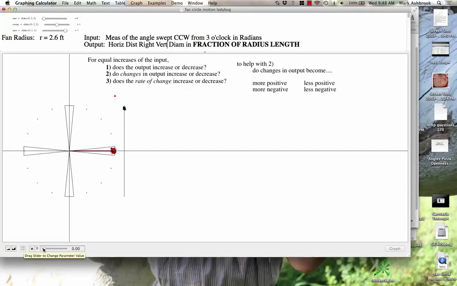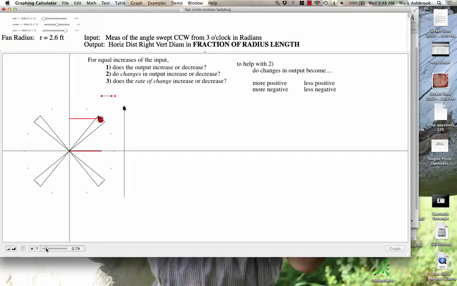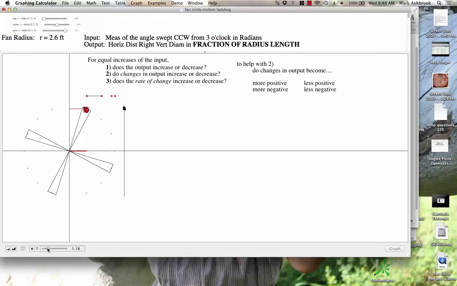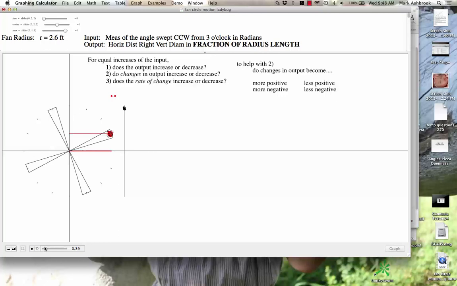Okay, Chad back there, what do you think? Is the horizontal distance increasing or decreasing? Decreasing from what value to what value, if we're measuring in fraction of a radius length?